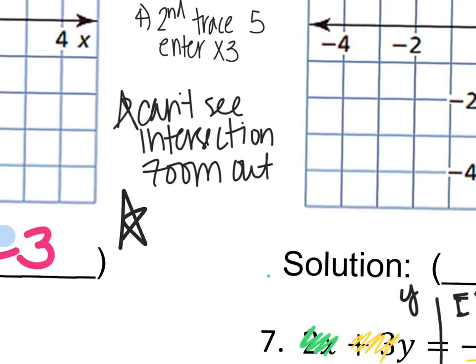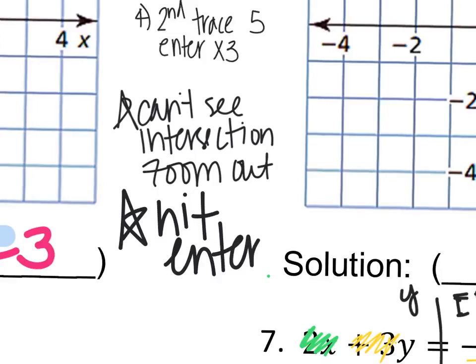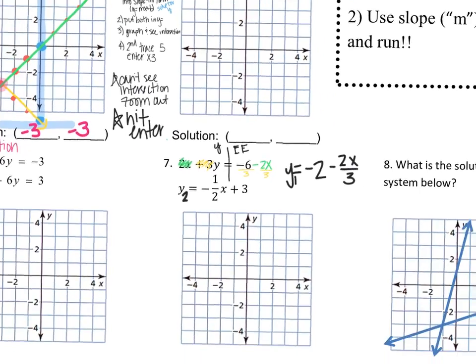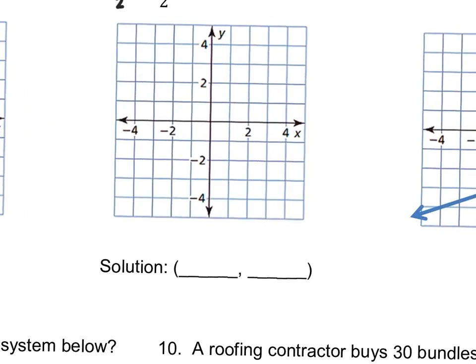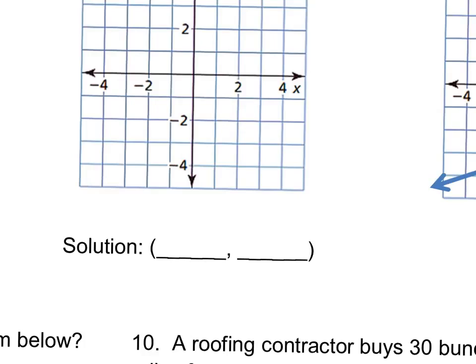Okay, so that's important that you hit enter. So you should be able to see the intersection at this point, and then you're going to press the button second trace 5, enter, enter, enter, and it should tell you that your intersection is the ordered pair negative 30, 18.